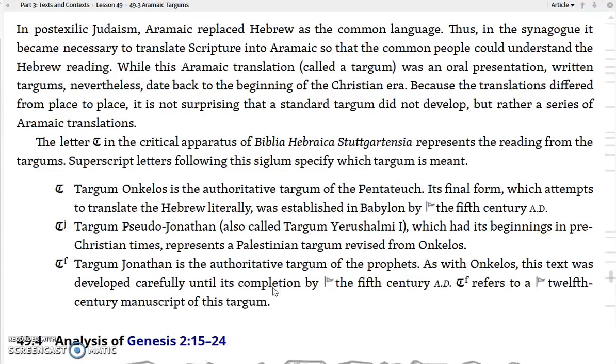Targum Jonathan is the authoritative Targum of the prophets, and as with Onkelos, this text was developed carefully until its completion by the 5th century of the Christian era. But anyway, this Targum Jonathan refers to a 12th century manuscript of this Targum. Well, that's the introductory grammar part of lesson 49, and we will stop here.